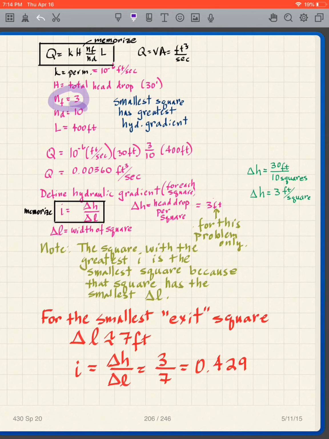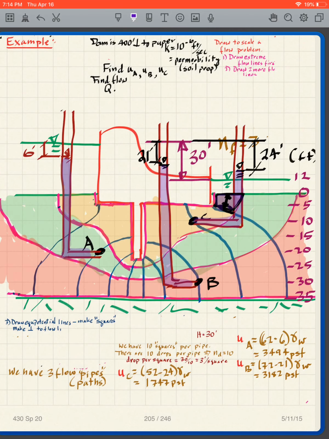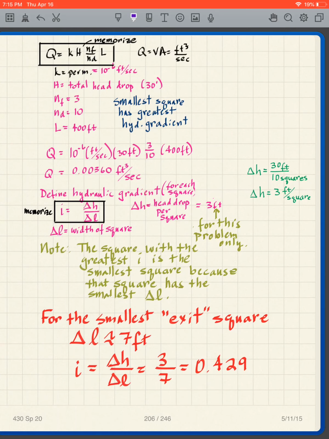ND is the number of drops per path, which we counted as 10. And L is the distance perpendicular to the paper. That was given information: the dam is 400 feet perpendicular to the paper.